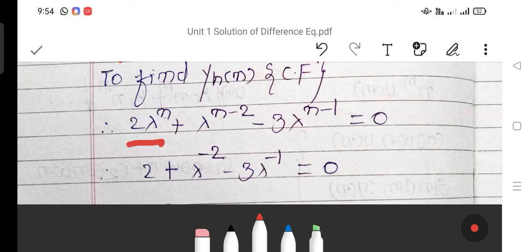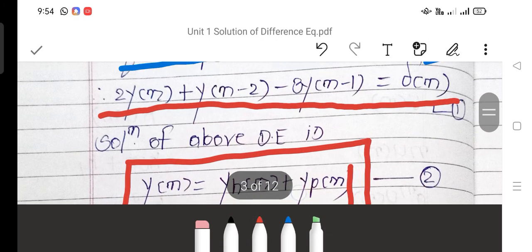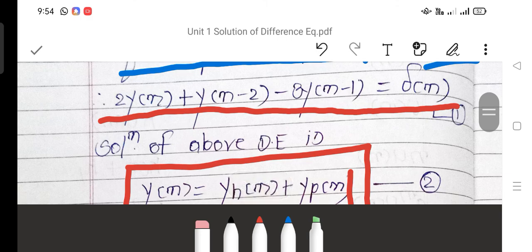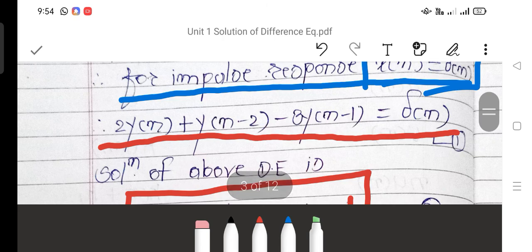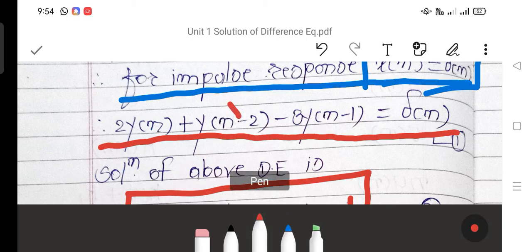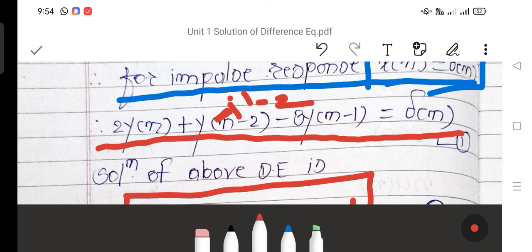So y of n minus 2, y of n minus 1 and del of n: y of n minus 2 will simply be lambda to the power n minus 2, and 3 y of n minus 1 will be lambda to the power n minus 1.